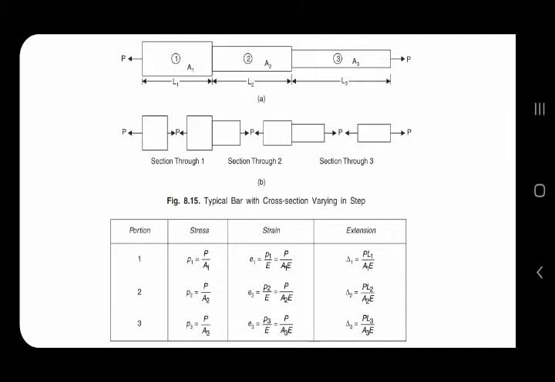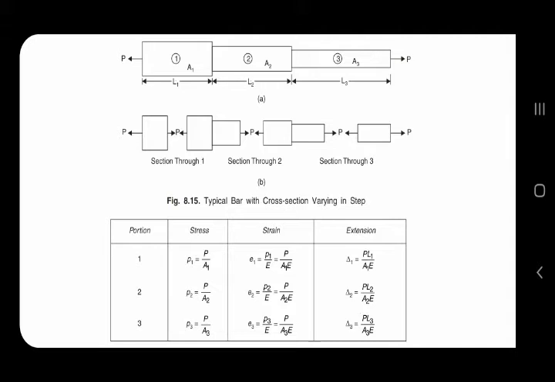Part 1 having area A1 and length L1, part 2 having length L2 and area A2, and part 3 having length L3 and area A3, which is subjected to an axial load P. The material is uniform, and let E be the Young's modulus of the material and P be the axial load acting on the element.